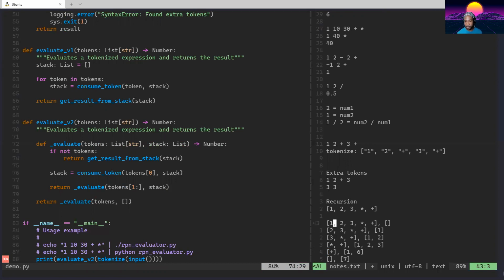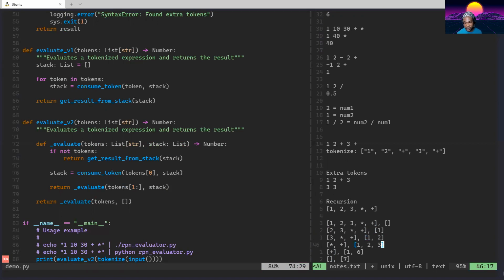And we can see the tokens list shrinking bit by bit until it's empty, and we can see the stack getting built up until it encounters an operator.